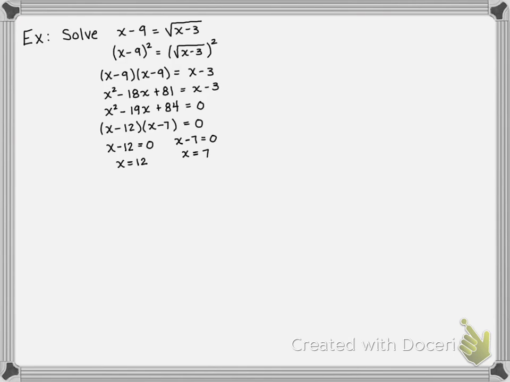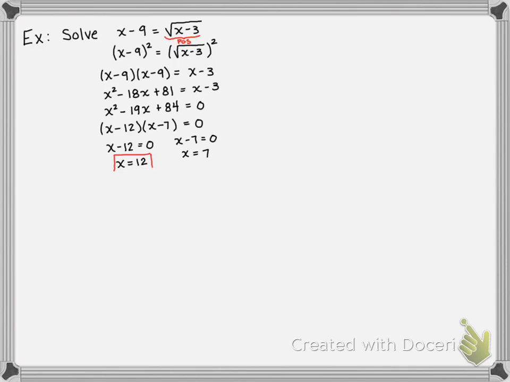Remember that the side with the radical on it is positive. So what we're checking is if the left side is positive or negative. If I put 12 in on the left side, do I get a positive number or a negative number? 12 minus 9 is positive. So this guy is good.